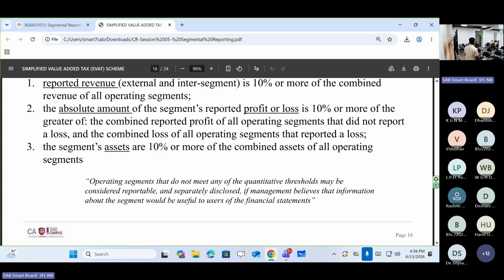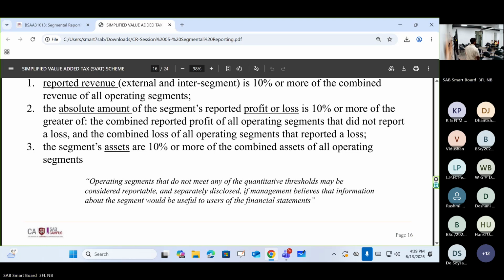This was in the latest exam. They have 10 operating segments, right? According to the quantitative thresholds, they identify 4. Management, the CEO, wants to disclose some other new segment separately.